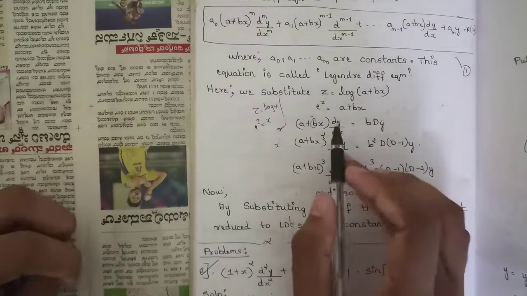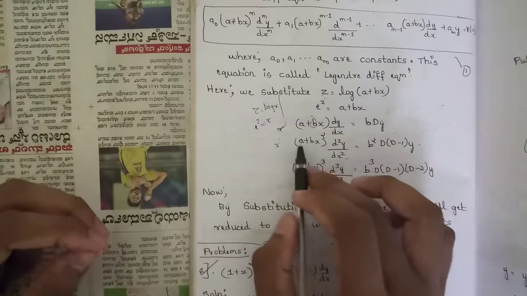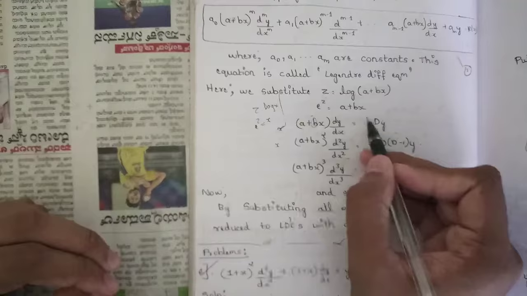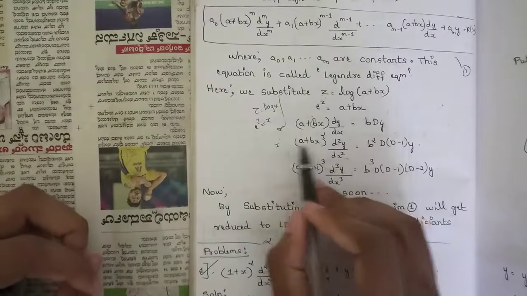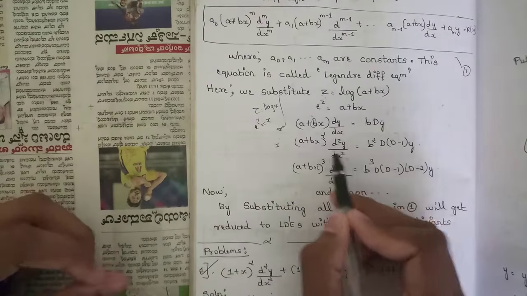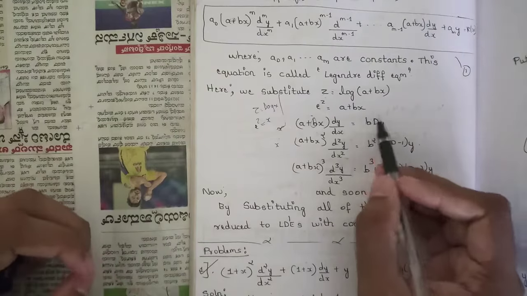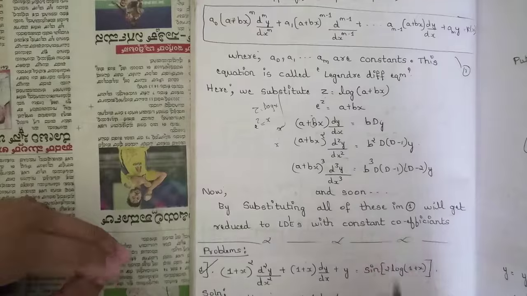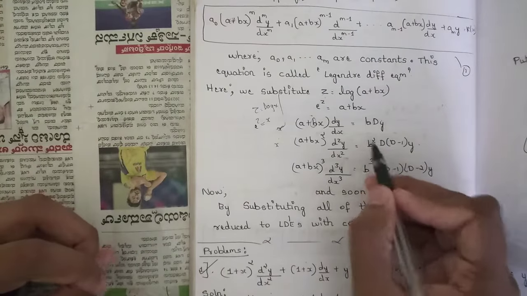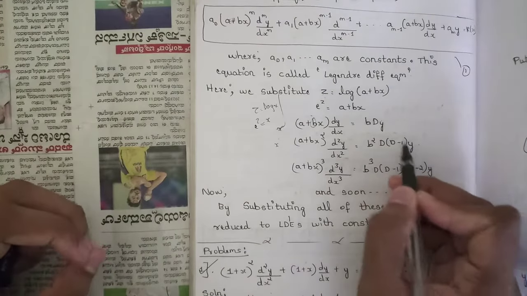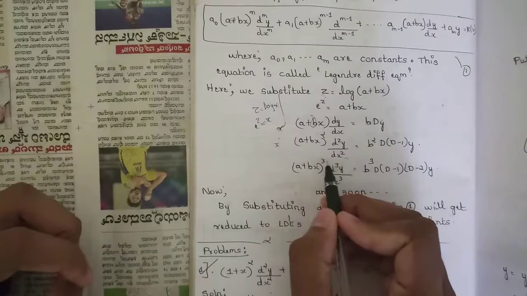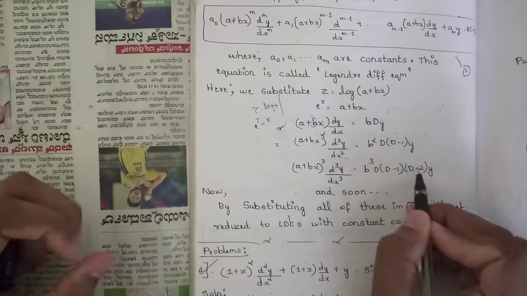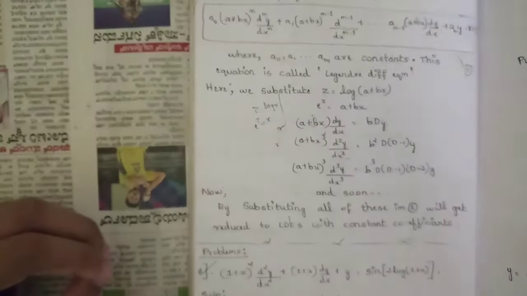So here the same thing, in place of x write a plus bx, and for a plus bx into dy by dx we substitute b dy, and a plus bx the whole square d square y by dx square is equal to, again, see, here it is b. When the power increases, the power of b also increases, that is, we write b square d into d minus 1 y. The same goes for the cube term, b cube d into d minus 1 into the extra term d minus 2 into y, and so on.